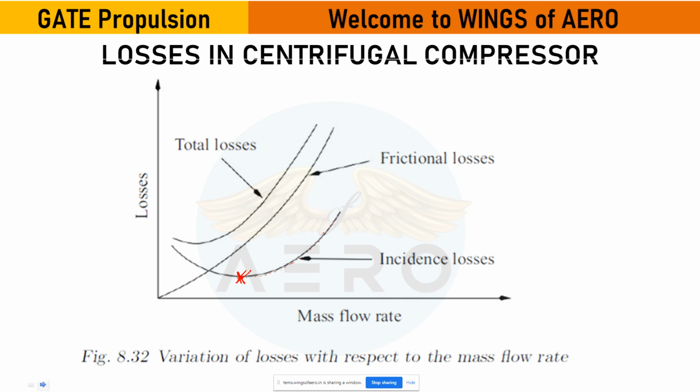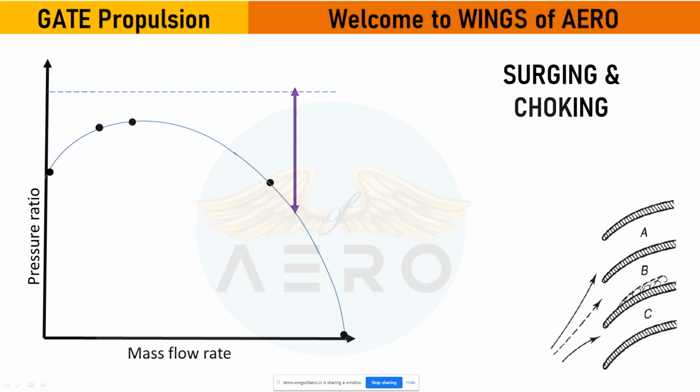Now, next, another very important topic: choking and surging. You need to understand this concept. Before surging and choking, you must understand how effectively we need to design this centrifugal compressor.